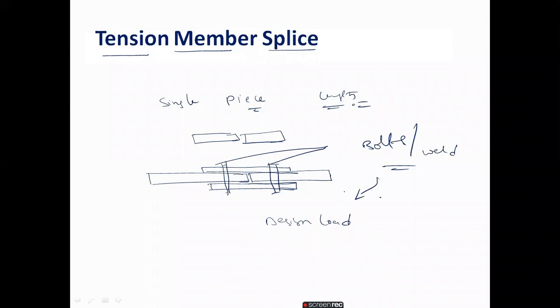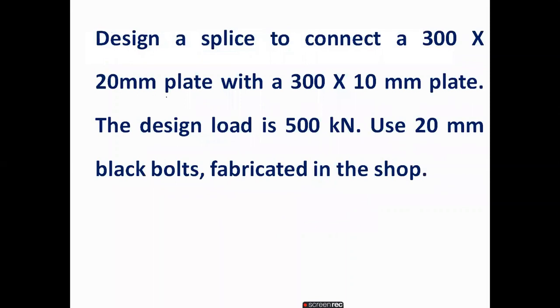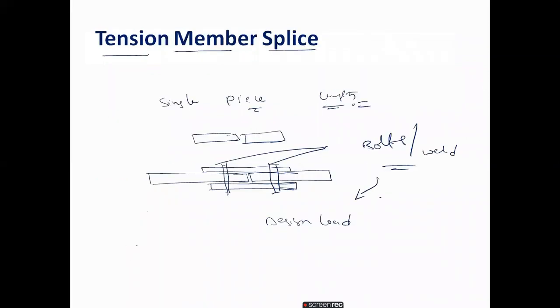Also, when tension members have different thicknesses, suppose one plate thickness is 10 mm and another plate thickness is 12 mm. If I want to connect these two, there will be a small gap.